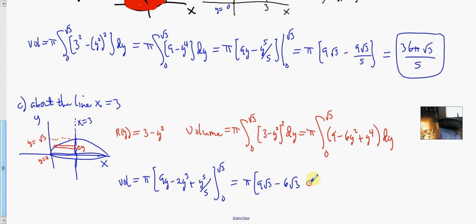So this is plus 9 times the square root of 3 all over 5. So this gives us 9 minus 6 is 3 times the 5 is 15, and the 15 plus the 9 is 24 pi times the square root of 3 all over 5.